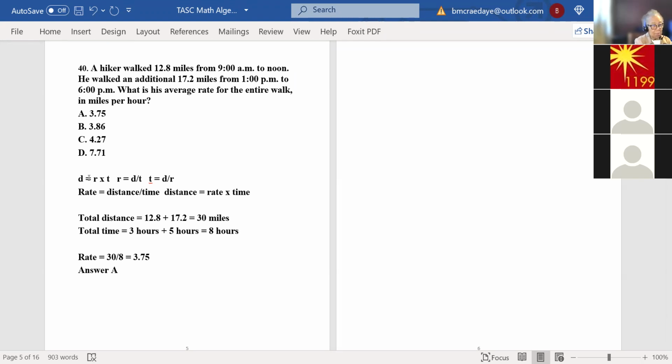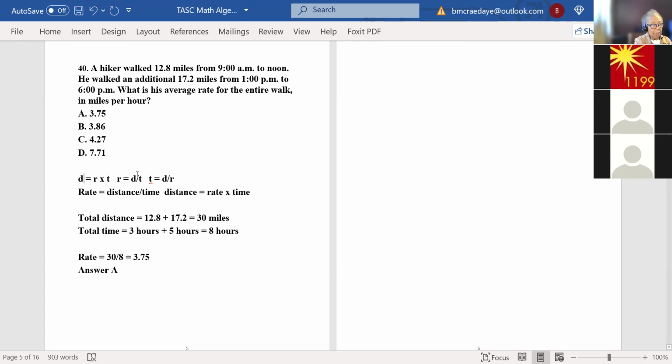I'll just put the little D here so we're consistent. D, distance, equals rate times time. Rate equals distance divided by time. Time equals distance divided by rate. So if you know this formula, you can solve for any unknown, whether it's rate or time. If you know the distance and the time, you can find the rate, which is what we knew here. We knew the distance he walked and the time he started and finished, so we could figure out how many hours elapsed.